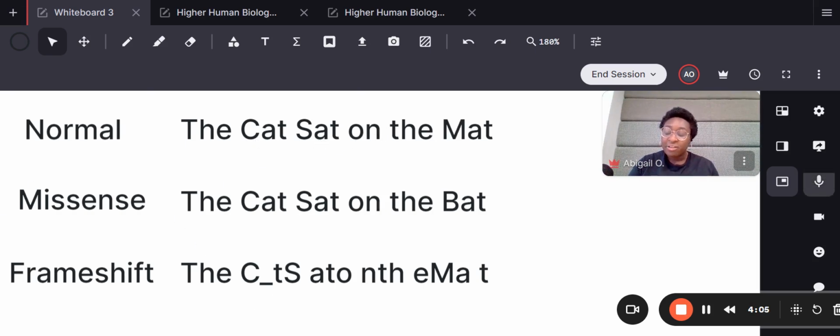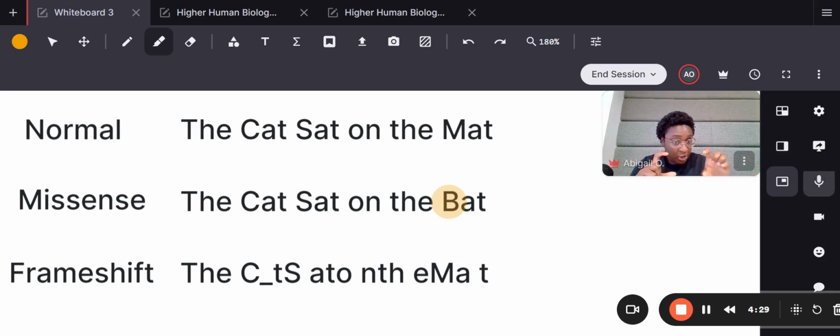Okay? A missense mutation would be a mutation that causes a change to this sentence. The cat sat on the bat. So that's not the same as the original. The original is mat. Now that M has changed to a B. So there has been a change to my sentence. However, it's still a sentence that you can read in English and it kind of makes sense as a sentence.